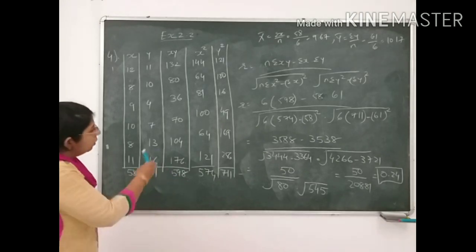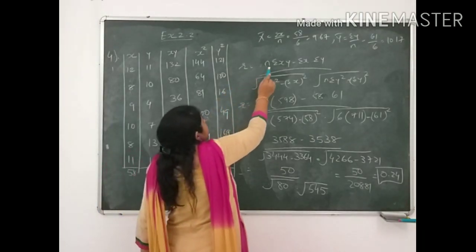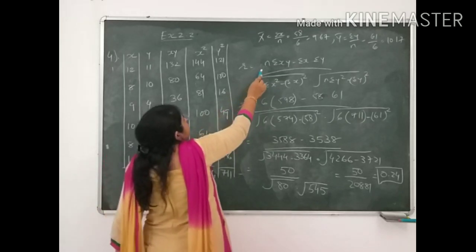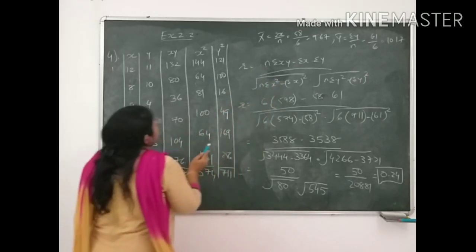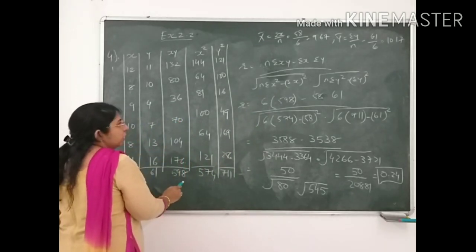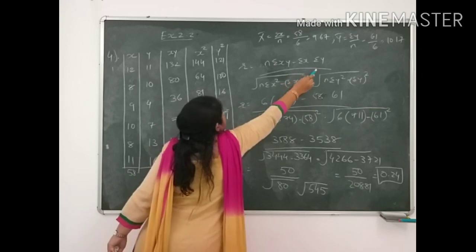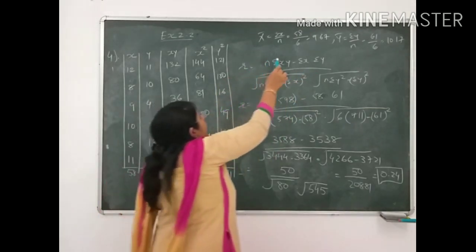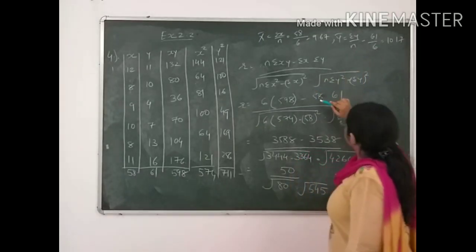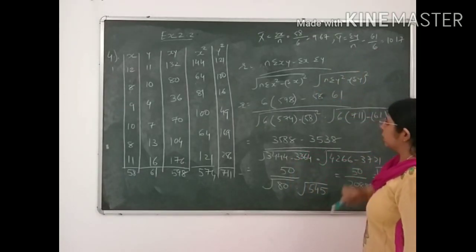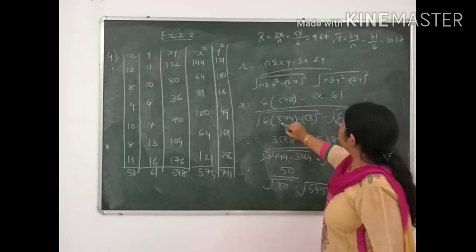Now placing all the data that we have found out in the formula of R, that is n sigma xy. So what is the value of n? That is 6. So 6 into bracket sigma xy. We have found out sigma xy, that is 598. So 598 minus sigma x into sigma y. Sigma x that we have previously found out is 58 and sigma y is 61. So 58 into 61, upon under root of n sigma x square.